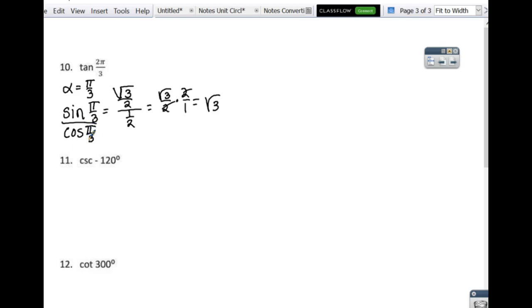Okay. The next thing I need is 2 pi over 3. So pi over 3 is 60 times 2 gives me 120. So it's here. So I end up with a negative x and a positive y, which means this has to be negative.